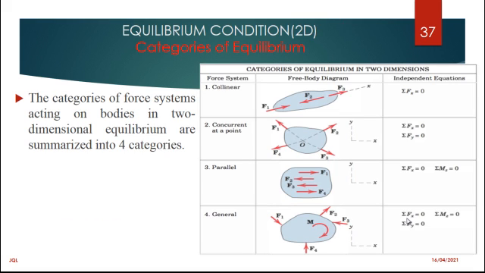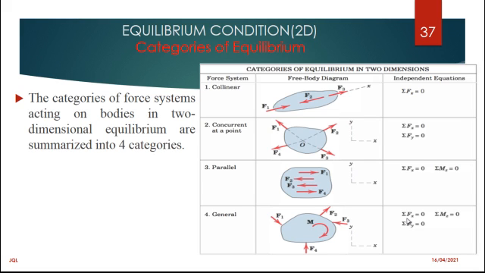Categories of equilibrium. Here is just a table trying to make you understand what types of categories you have for equilibrium. The first one is collinear.